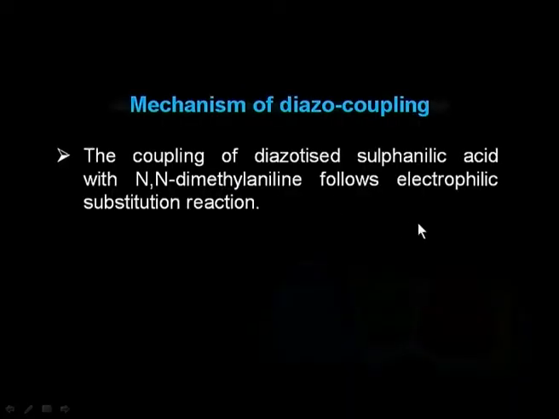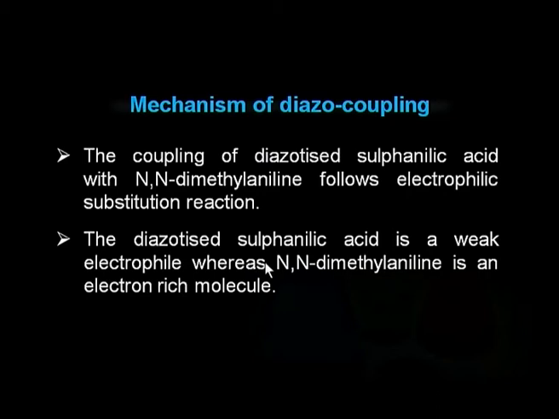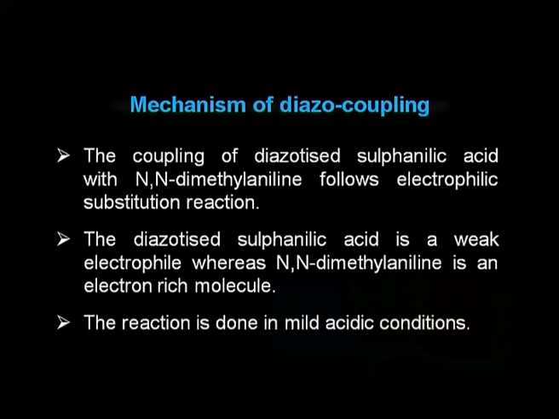In case of methyl orange, the coupling of diazotized sulfanilic acid is done with N,N-dimethyl aniline, which follows an electrophilic substitution reaction. The diazotized sulfanilic acid is a weak electrophile, whereas N,N-dimethyl aniline is an electron rich molecule. The reaction is done in mildly acidic conditions.